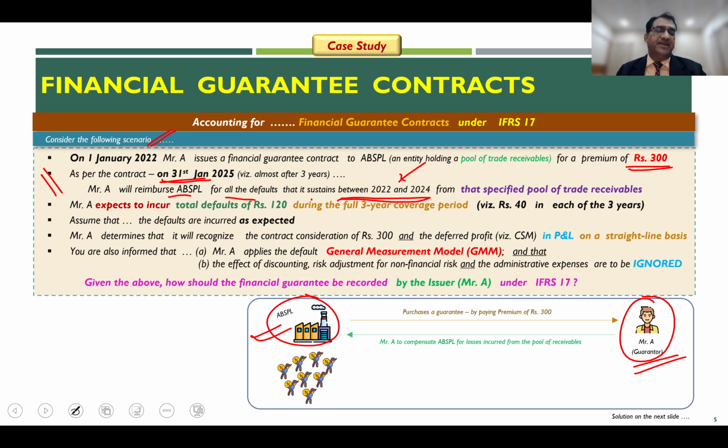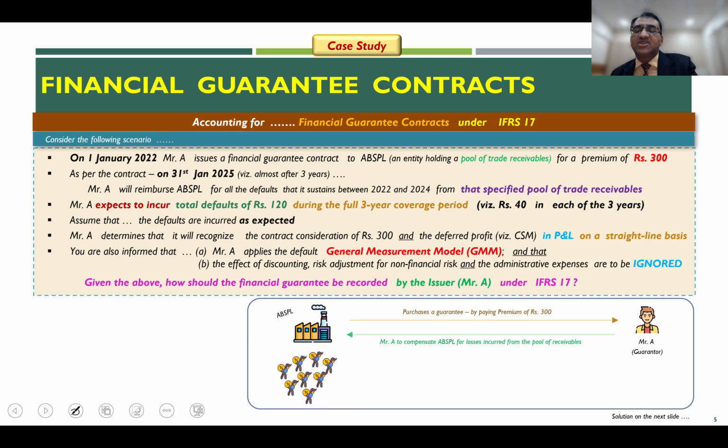In this 3-year period, if this entity sustains any losses, then Mr. A will make good those losses arising out of this pool of trade receivables. And this contract is for a 3-year period.